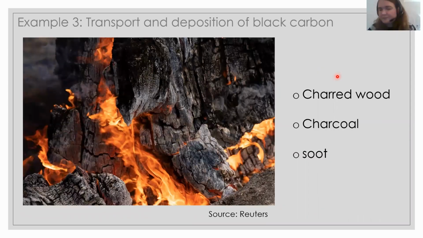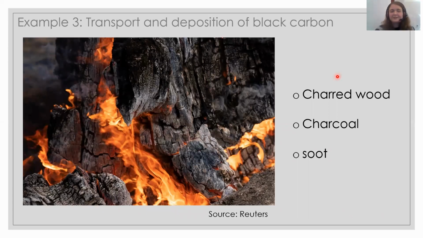Coming now to my example 3, this is something that's really in progress, but I think it's quite exciting, so I wanted to share it with you. This is something I've started looking at and will be looking at more in the future as well. And this is about the transport and the deposition of black carbon. What is black carbon?